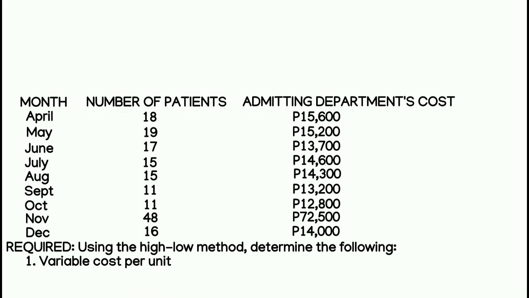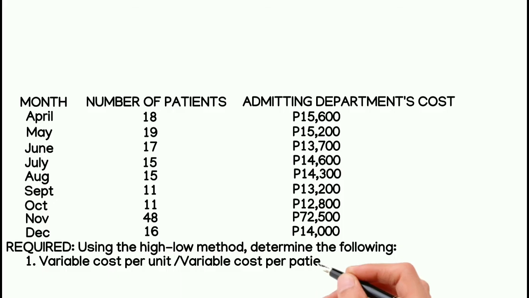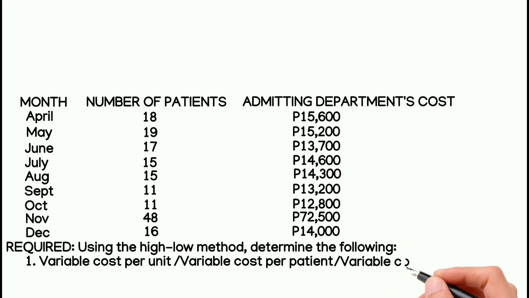Yung tinutukoy na variable cost per unit dito ay yung variable cost per patient or yung tinatawag na variable cost per cost driver. In order for you to compute the variable cost per cost driver, use the following formula.